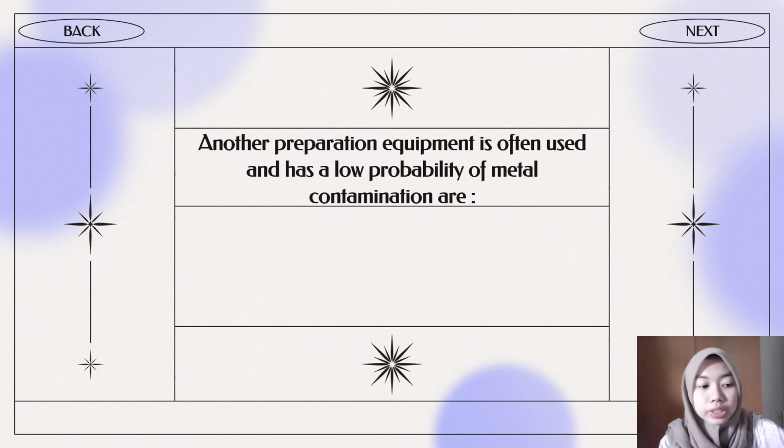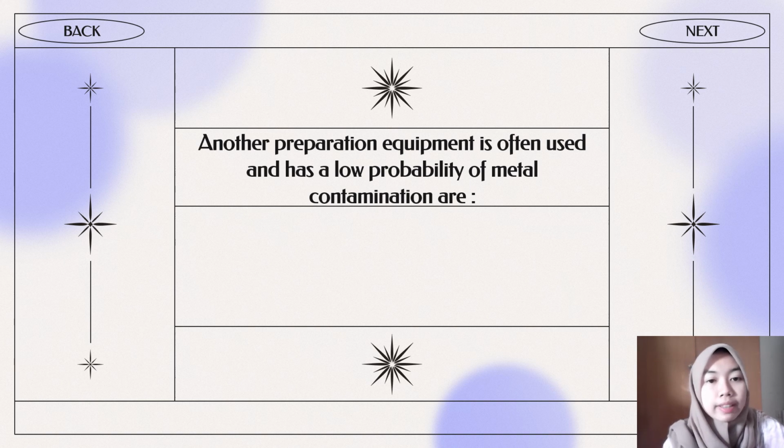Okay, in order to minimize glass contamination, equipment should always be stored or immersed in a dilute solution of at least 0.1 molar hydrochloric acid when not in use, and hot hydrochloric acid can be used to clean metals from the glass surface.